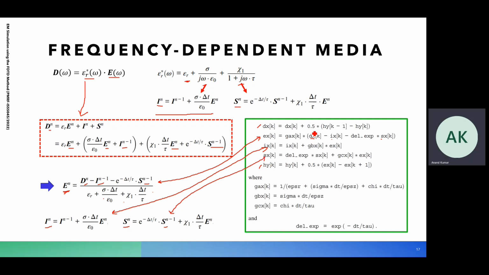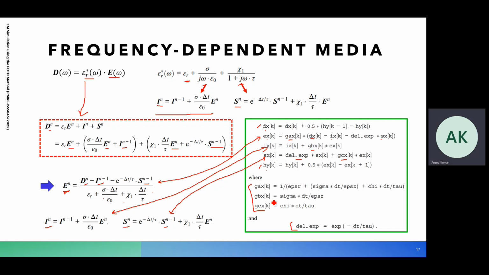So we have got the set of update equations to calculate the electric flux density, electric field, and magnetic field, and the auxiliary variables. These are the coefficients which are defined over here.